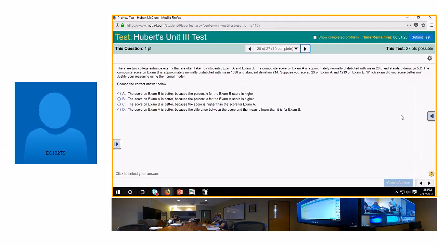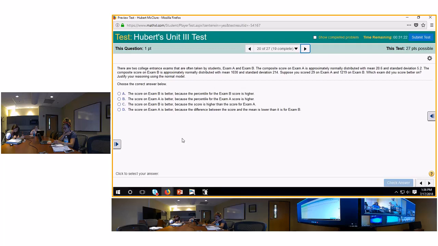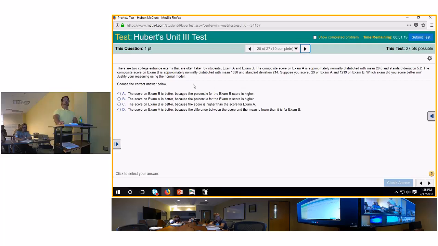No coughing in class. There are 2 college entrance exams often taken by students, Exam A and Exam B. The composite score on Exam A is approximately normally distributed, with mean 20.6 and standard deviation 5.2.